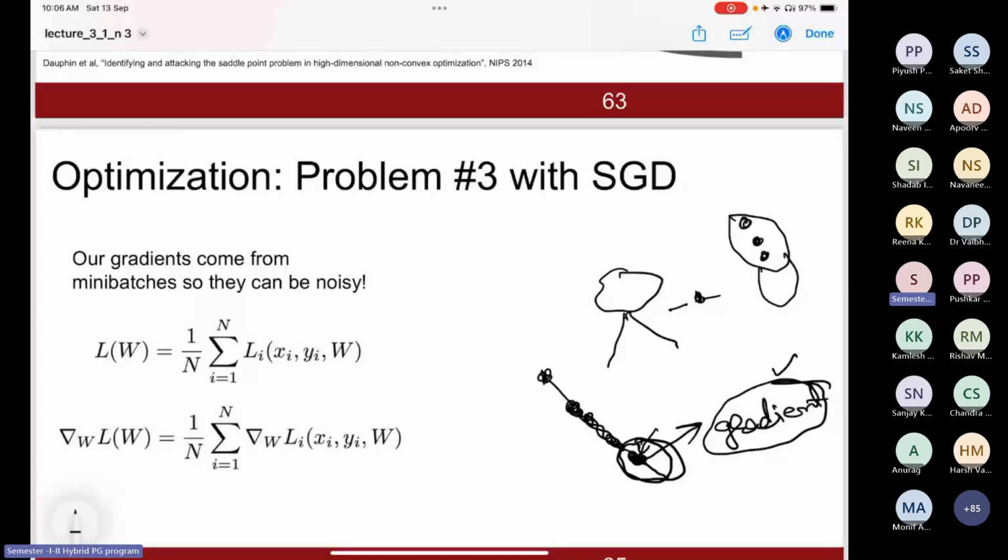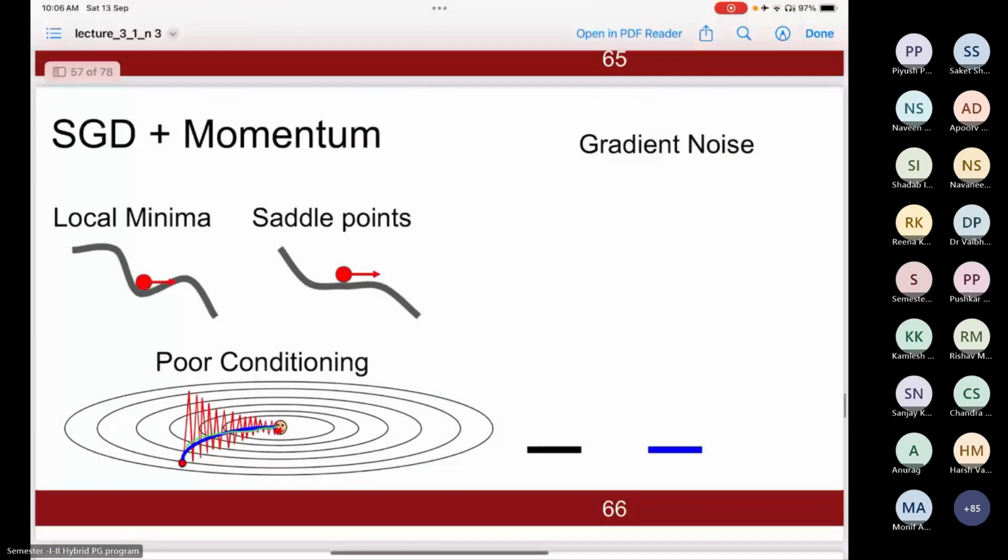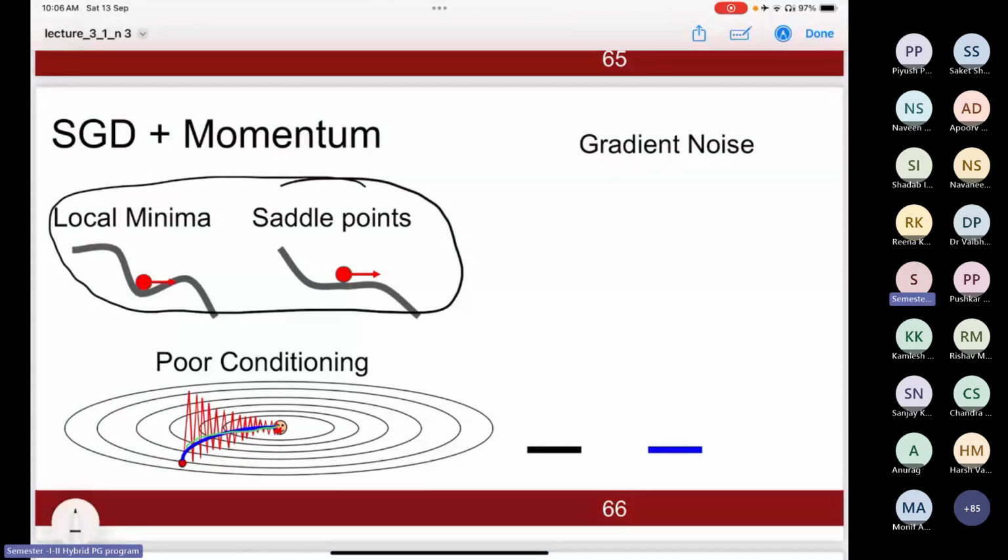So we have seen three problems that may occur. One problem is this type of problem, either local minima or saddle point. Or you can have this type of problem, which is called poor conditioning: in one direction you are going very fast, in another direction you are going very slow.